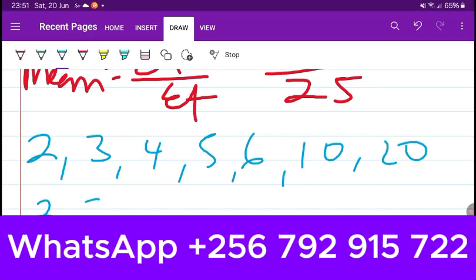They just say 2, 3, 4, 5, 6, 10, 20. So you have to get used to whichever way the examiner brings the questions. So we are getting some of these things from the very basic point of view, and then we will be able to interpret.